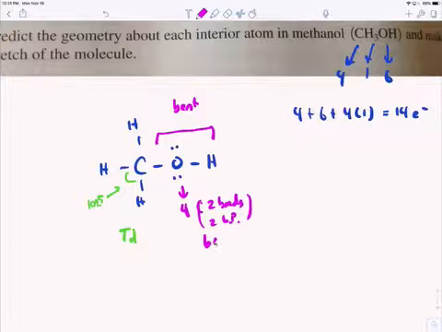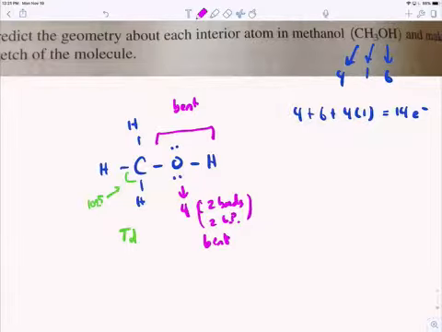This means bent. It's a bent structure. Actually, this is going to be a little less than 109.5 because the oxygen is a bigger electron group, so it's going to squish it down. But the bond angle here is going to be about 109.5. Even when it squishes it down, it doesn't squish it down by that much. It's only a couple degrees.